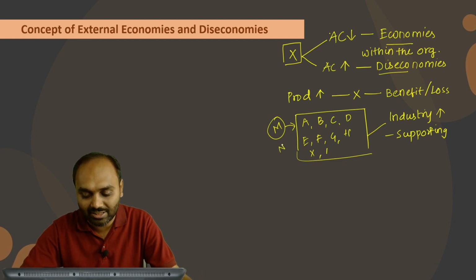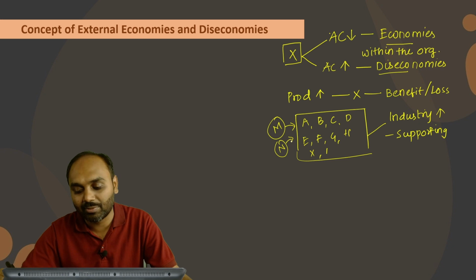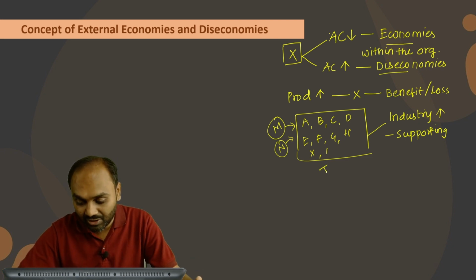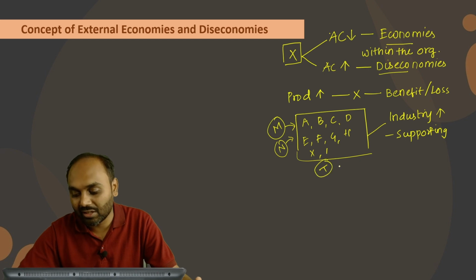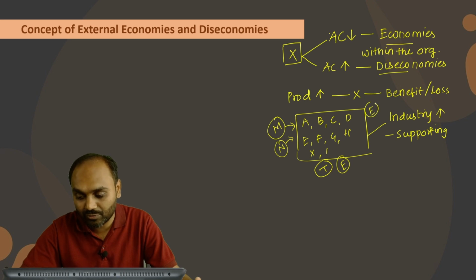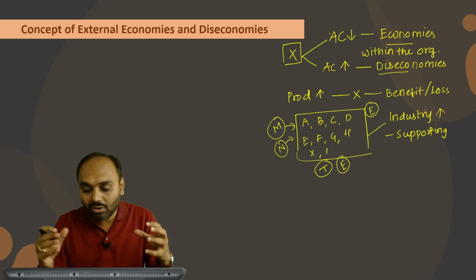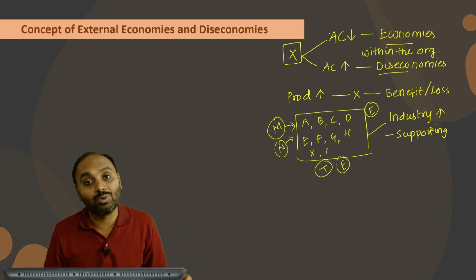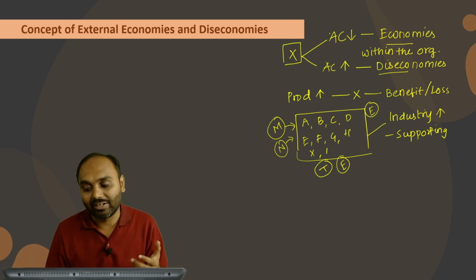There is a company called N which will also set up nearby. There will be a transport company, an electricity company, and certain educational institutes which will provide skilled courses based on the industrial area. So all these supporting factors will start working, and because of that the whole industry will start having an advantage.